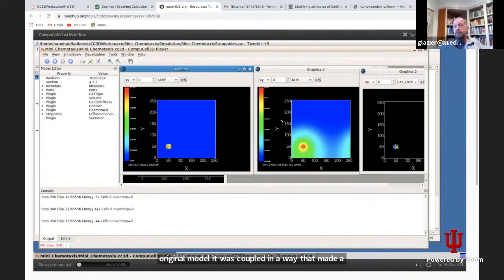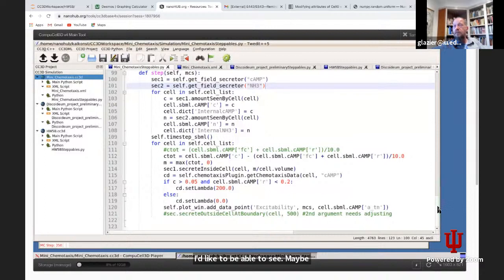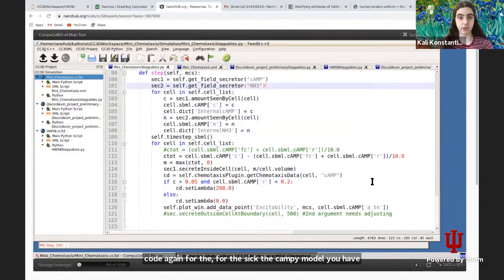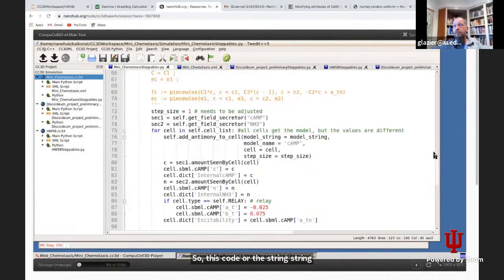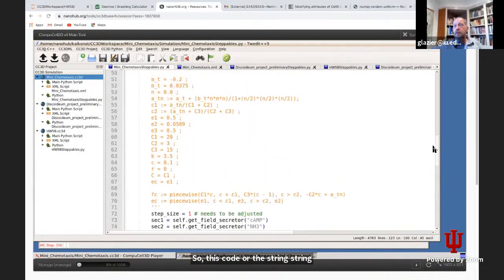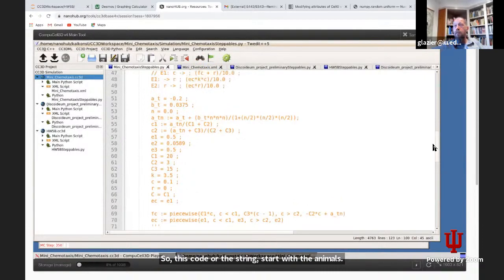And I'd like to be able to see. Maybe can you just show the code again for the cyclic AMP model that you have? So this code, or the string? Start with the Antimony. Let's look at the reactions.